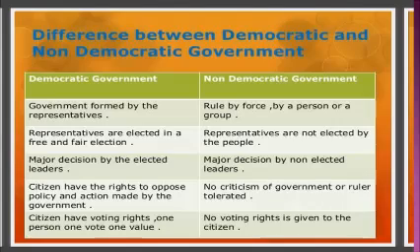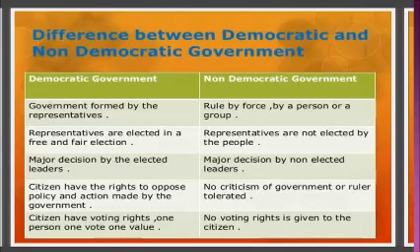The differences between democratic and non-democratic government are as follows. Democratic government is formed by representatives. At the same time, non-democratic government is ruled by force, by a person or a group. Democratic government has representatives who are elected in a free and fair election.